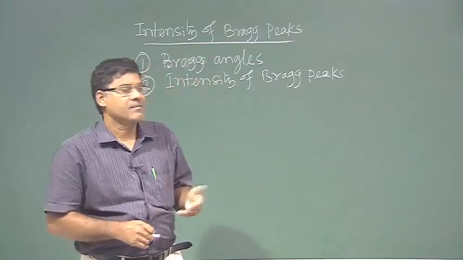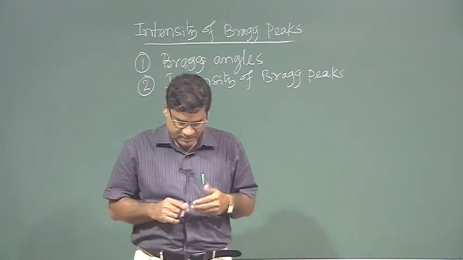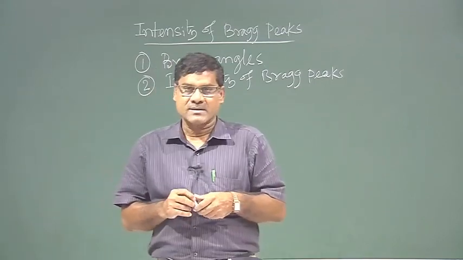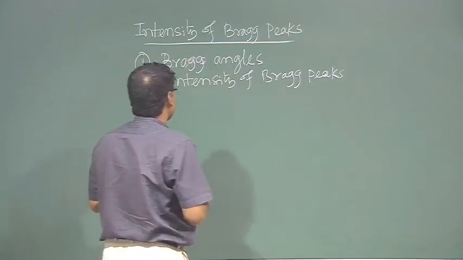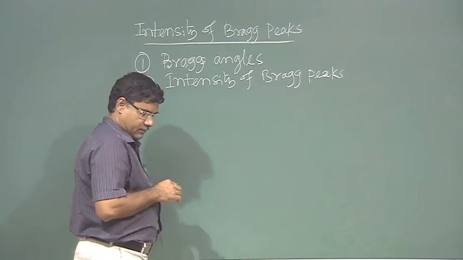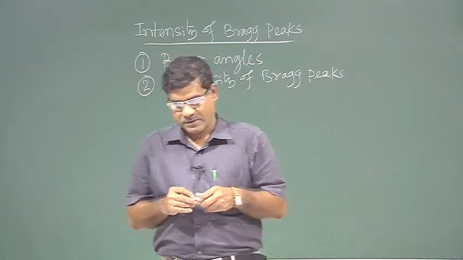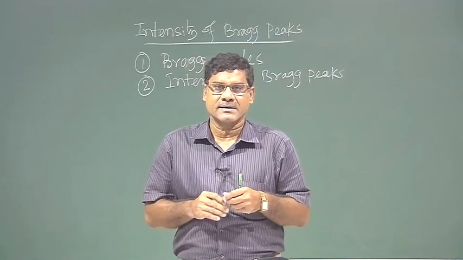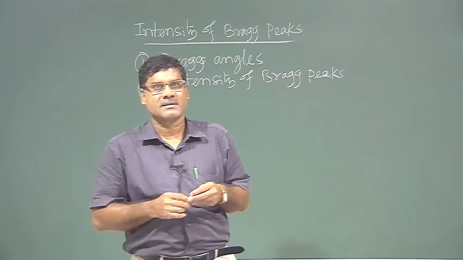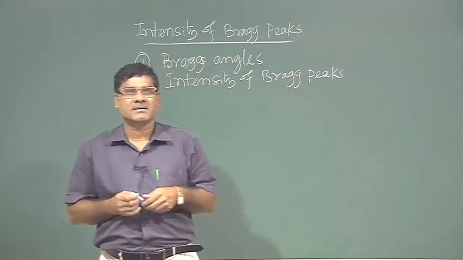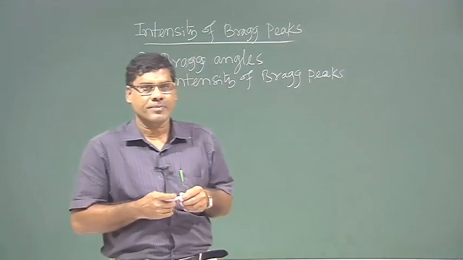These peaks are from different planes, Bragg planes, crystal planes, and different planes have different areal density of lattice points. So, one may think that the intensities are different because of that, but it is not the only reason.